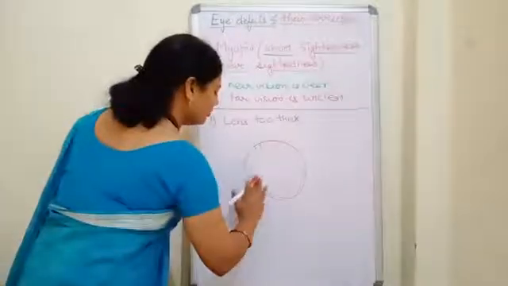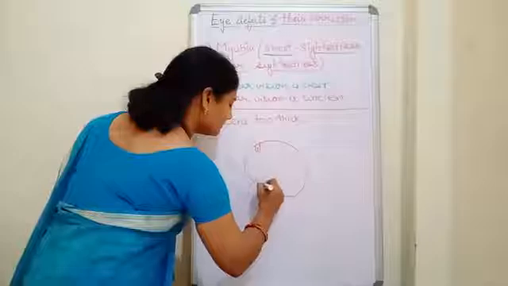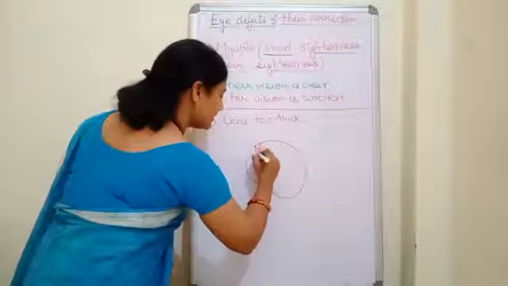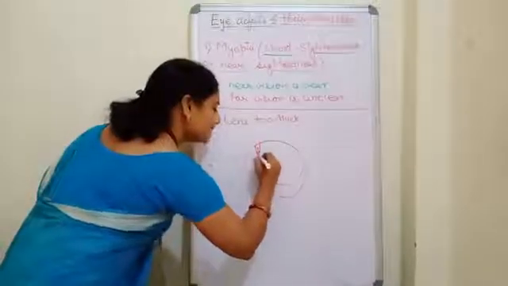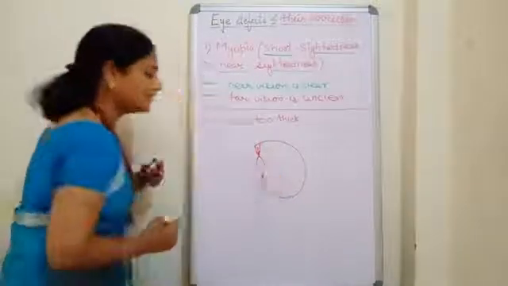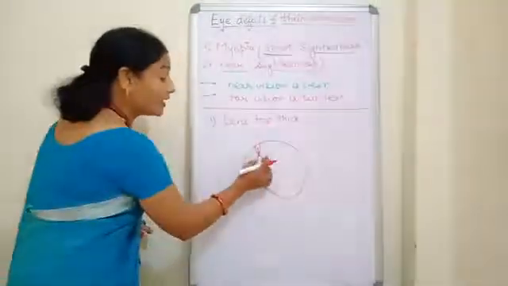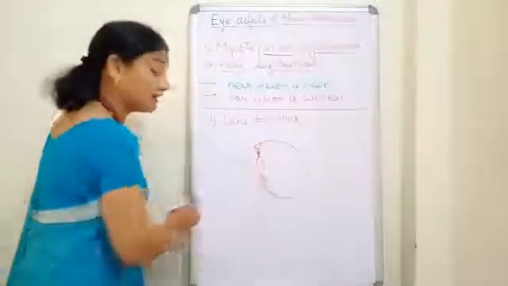I'm just going to make a small ciliary muscle, suspensory ligament and the lens. Because of the adjustment of the ciliary muscles and suspensory ligament, the shape of the convex lens changes and it becomes thick.